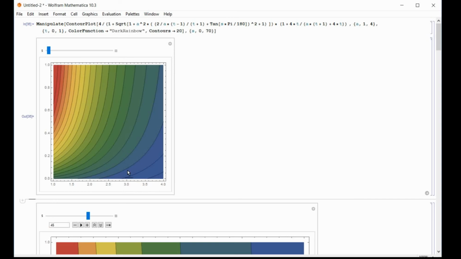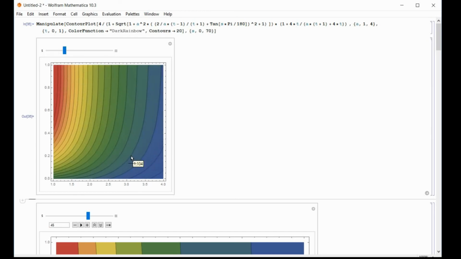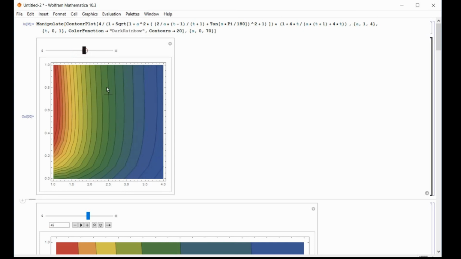Aspect ratio of 3, taper of 0.2. At sweep equals 0, it's practically 1.06. If we increase it a bit, it slightly increases, but it doesn't look like it has much influence, right? No.